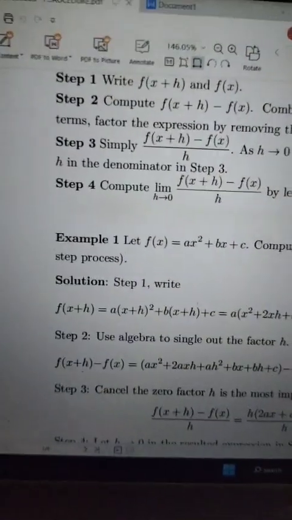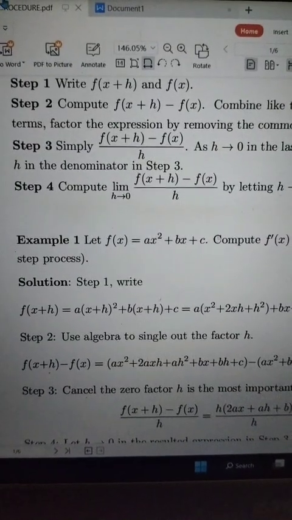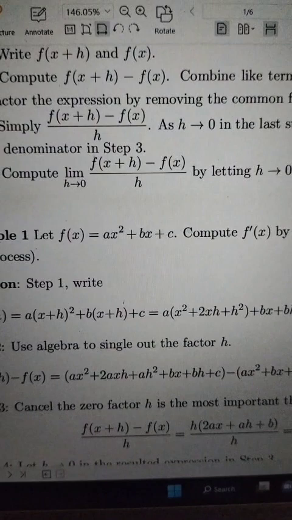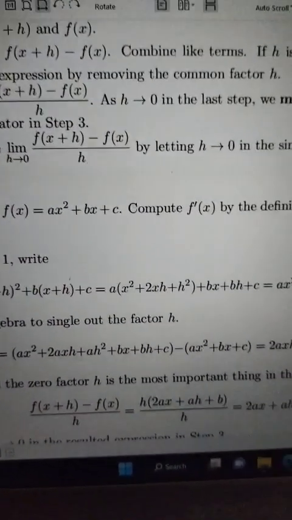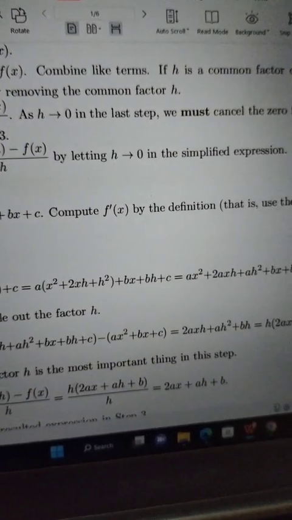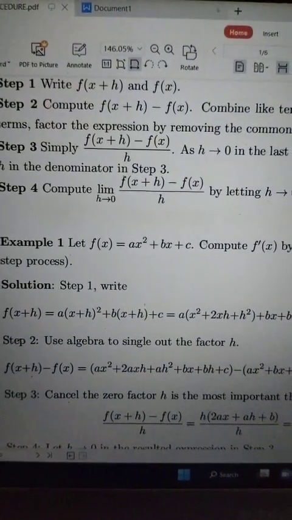Here is the example. Let f(x) equal ax squared plus bx plus c. Compute f'(x) by definition, that is, use the 4-step process.